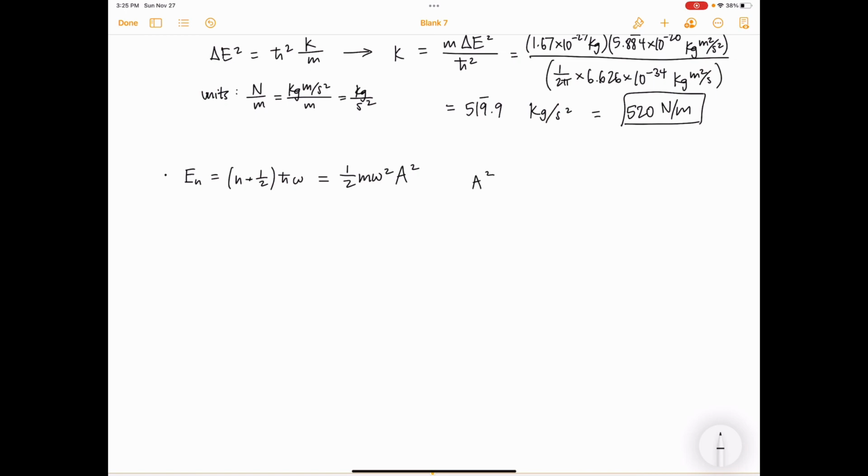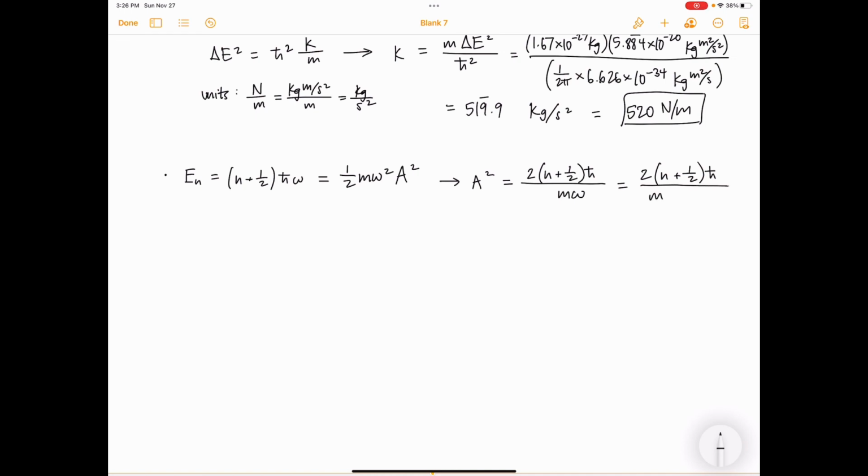Well, let's start by just saying A squared is equal to what? It's going to equal 2 times n plus a half times h bar divided by m times omega. And actually, remember that omega is the square root of k over m. So I'm going to make that substitution.